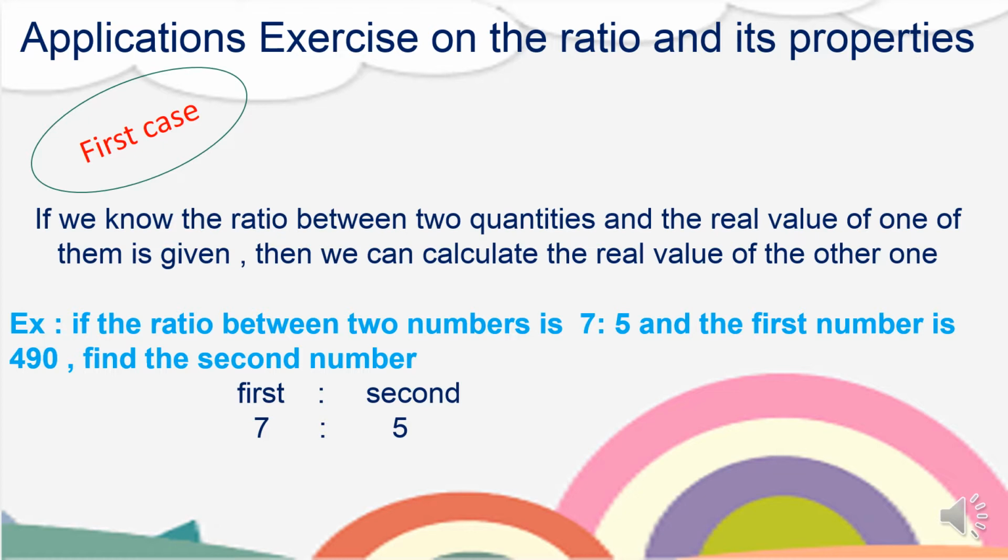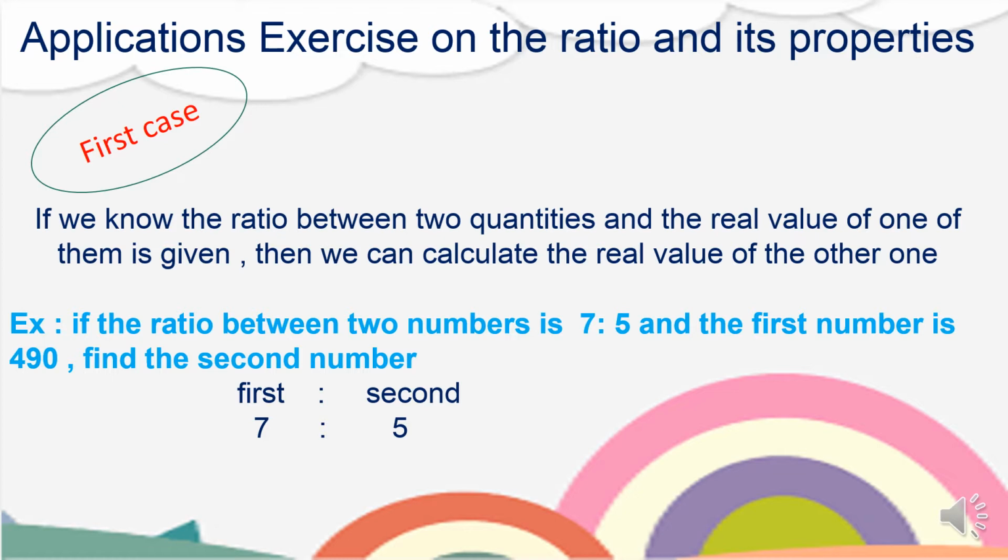Every 7 parts in the first number, I have 5 parts in the second number. These parts are equal parts. Each one part from the 7 equals one part from the 5.